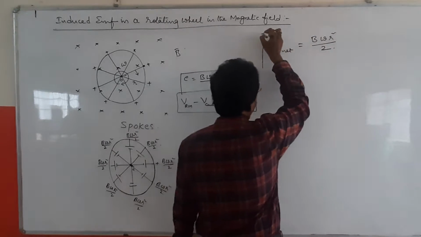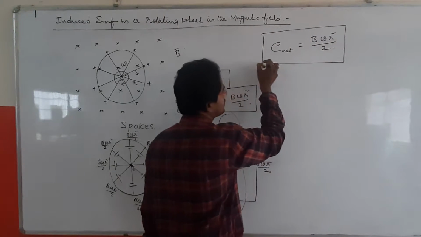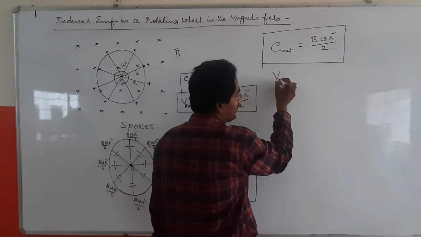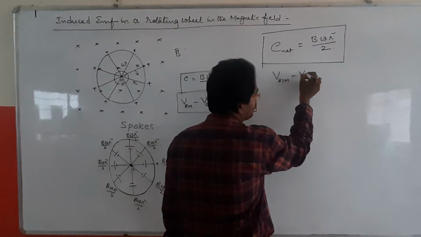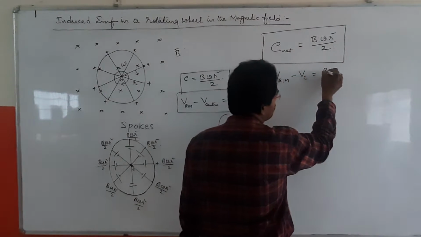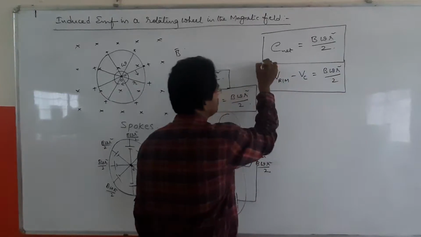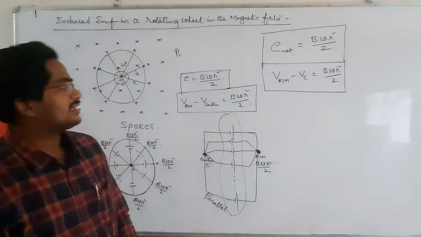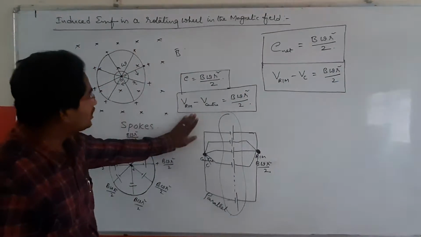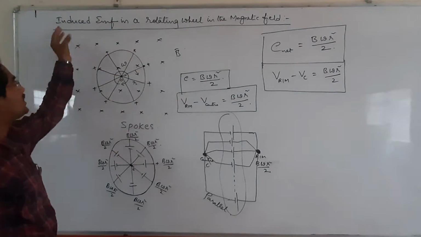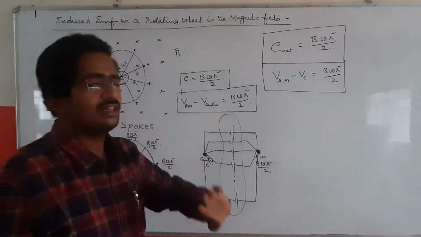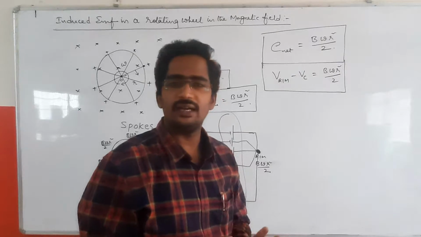It is the net potential difference across a ring point and the center point. Okay, so with that this topic is over. Induced EMF in a rotating wheel in a magnetic field was completed.